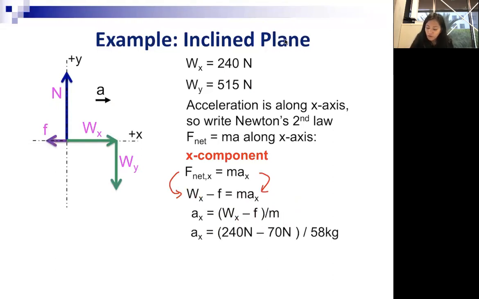We've solved for the x component of the weight force earlier. Frictional force was given to be 70 newtons, and the mass of the skier who goes down the slope is 58 kilograms, which was also given. And so you can find the acceleration down the slope, which is what we assigned to be the x-axis.